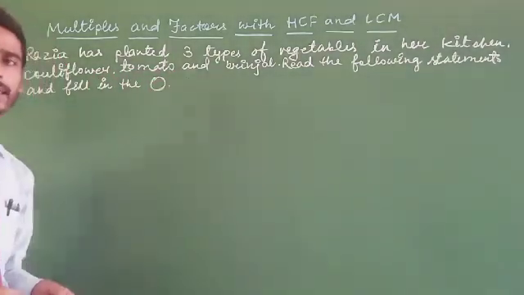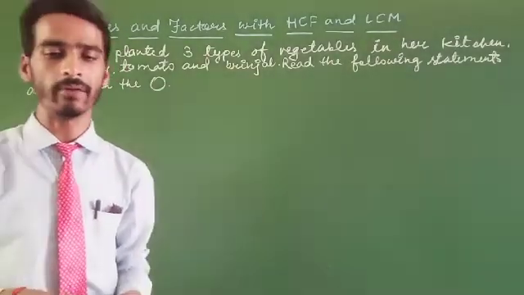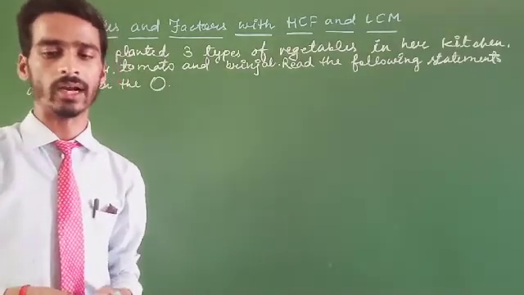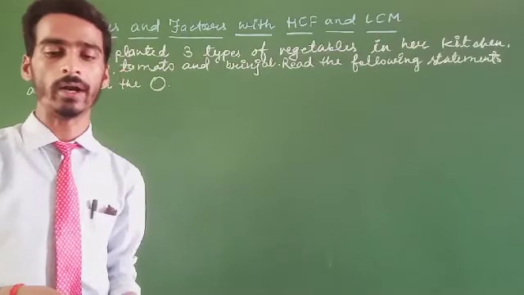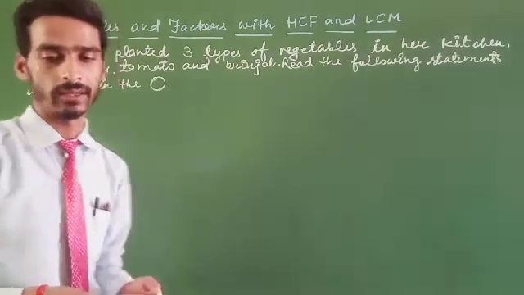Okay, so listen carefully. Firstly, what we have to find? There is an example given. Razia has planted three types of vegetables in her kitchen garden: cauliflower, tomato and brinjal. Read the following statements and fill in the circle.